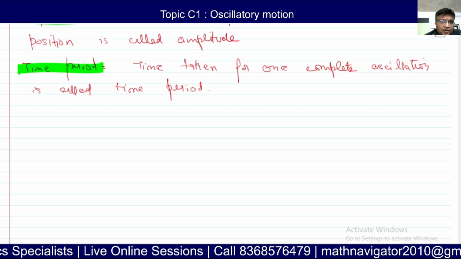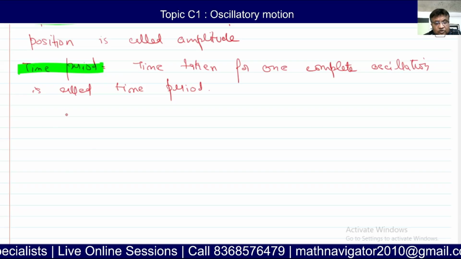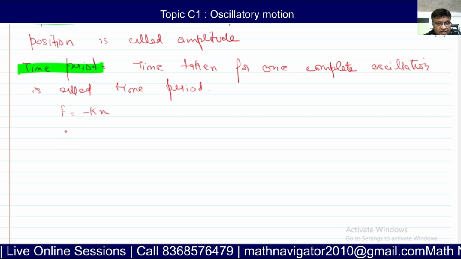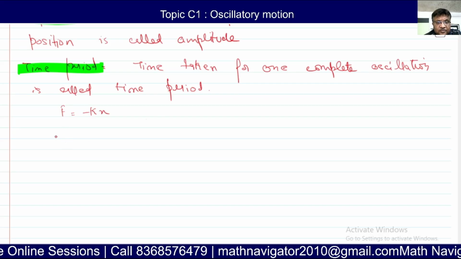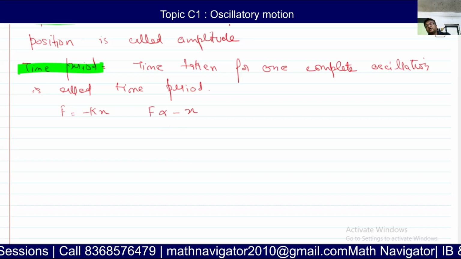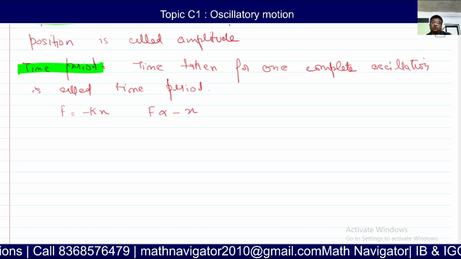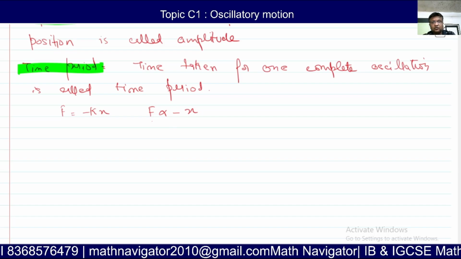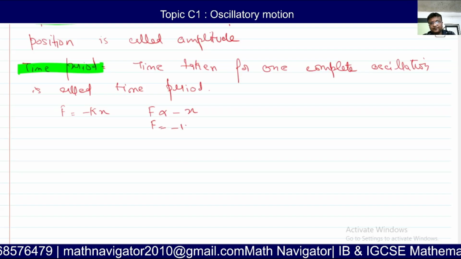When we talk about the equation of oscillatory motion, we say F is equal to minus kx. First we should say F is directly proportional to negative x. Why negative x? Because restoring force is always in the opposite direction of displacement.